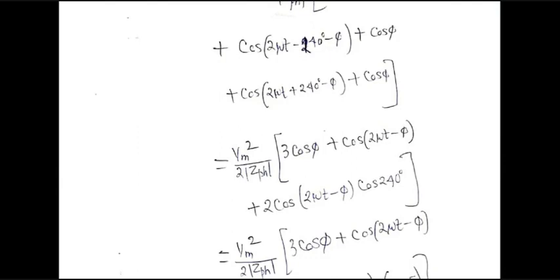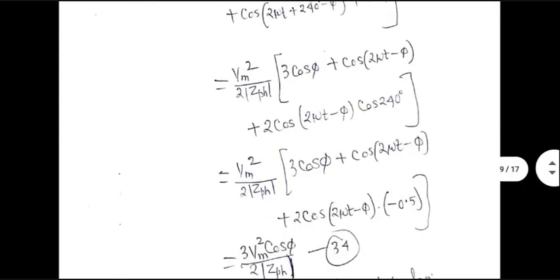I think it should be 4 omega t, not 2 omega t, because if you add the 2, it should be 4 omega t, yes. And cos A minus B will be simple enough. That would be cos of 240 degrees. Okay, 2 cos A cos B is cos of A plus B plus cos of A minus B. That's what I have tried to use.